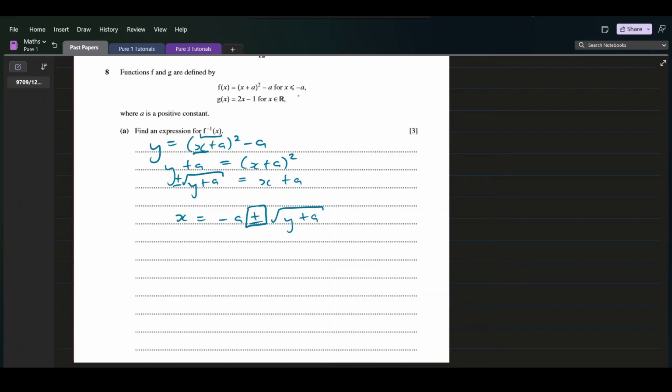We use a rule of thumb that if the original function has a domain with a less than sign, we're going to take the negative function. If it had a greater than sign, we would have taken the positive. So in this case, f inverse of x is equal to negative a minus the square root of x plus a, and that's our inverse function.